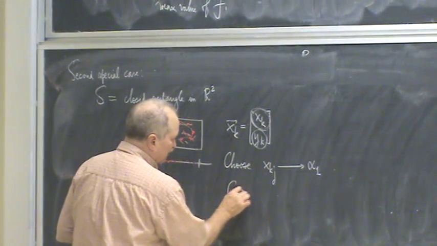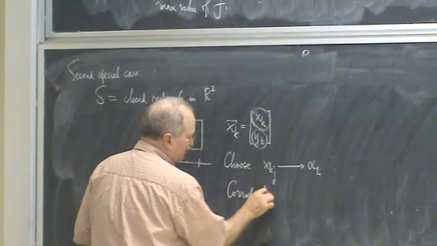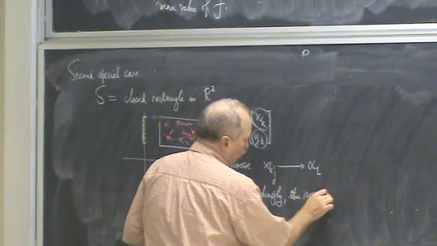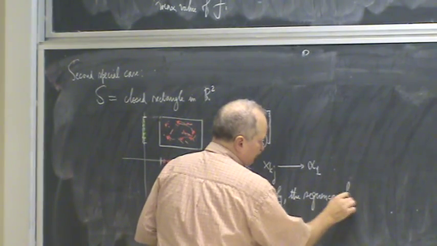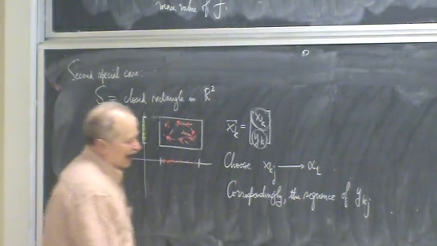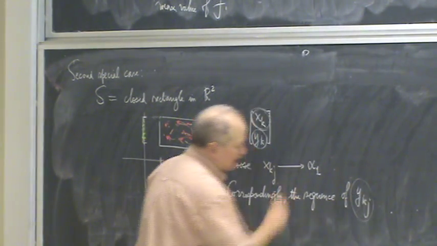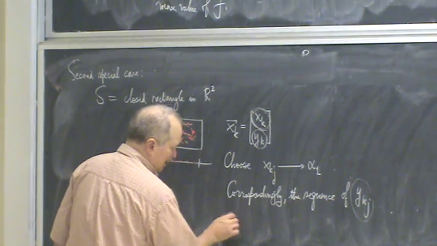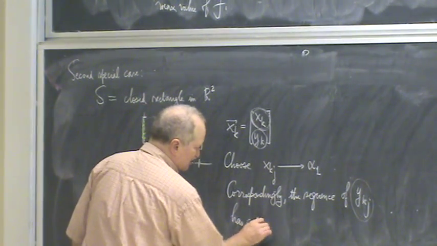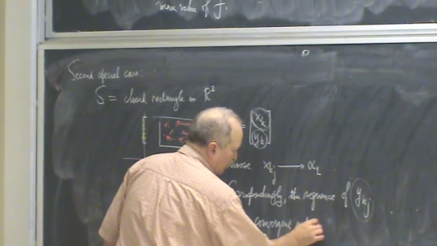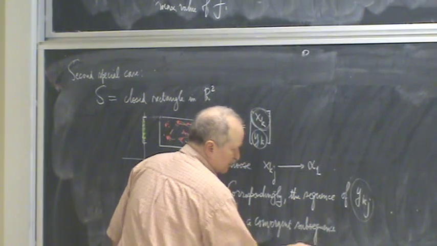So correspondingly, the sequence of y's for that subsequence, but think of that as a sequence now of y's in this closed interval here. Well, it has a convergent subsequence by what we already proved.